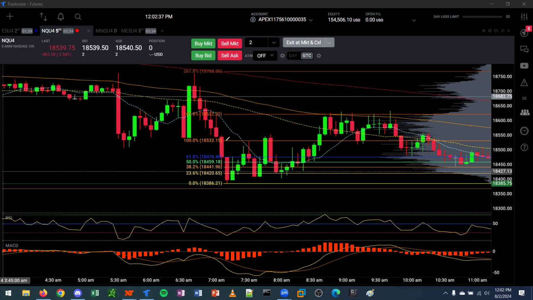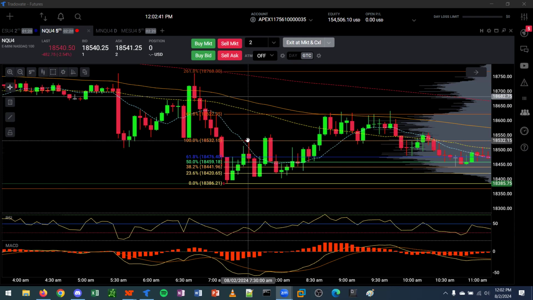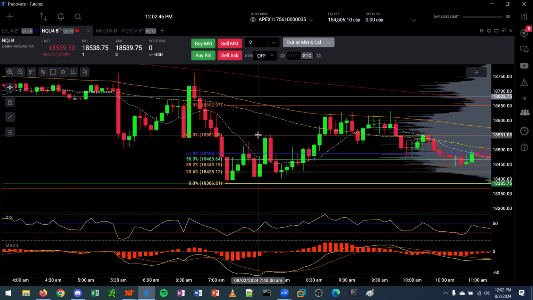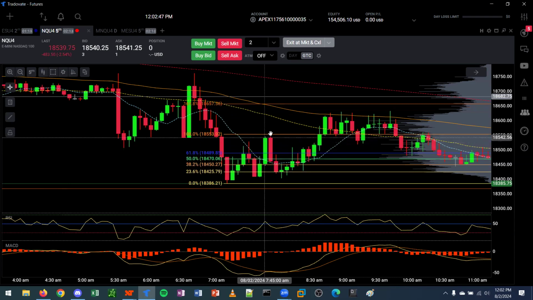Yeah. And then going back to where I originally entered, was fibbing that because I had that fib, and then I got a new high. We got a higher high, and then we got a higher low right here.